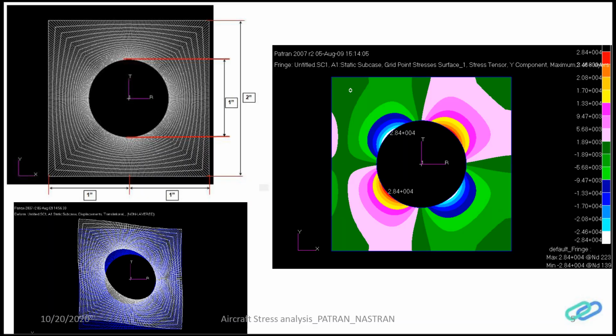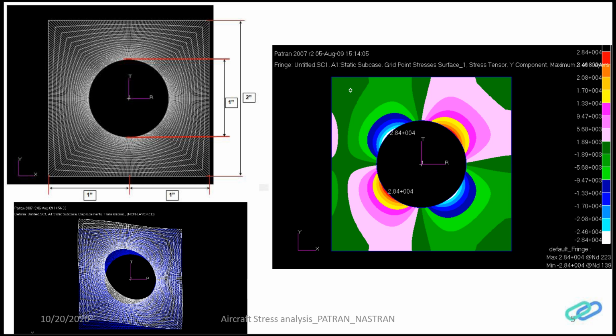Now moving to the second case study, this is a typical plate with a hole problem, but in this case I had meshed it with quadrilateral elements. This is a 2D plate. I took this project just to understand the effect of pin shear.